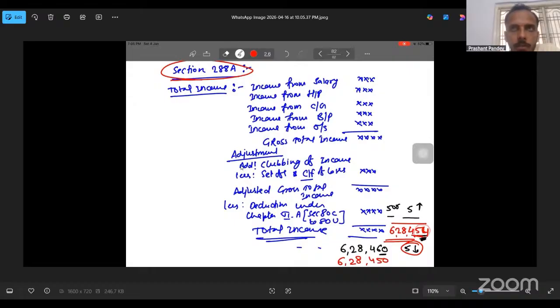So if any such transfers are done, that transfer will be considered in the total income of the SSC. Okay, and the SSC will have the burden of bearing this tax.